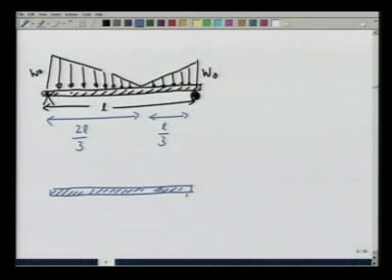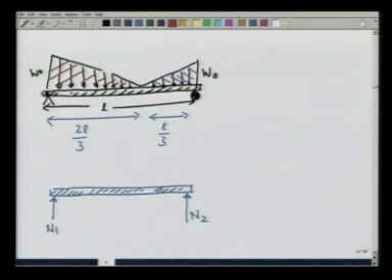So, we will assume that the reaction at this point is N2, the reaction at this point is N1, and the two forces due to the loading. The forces due to the loading, I will split them into two, one due to this triangle to the left and one due to this triangle to the right.